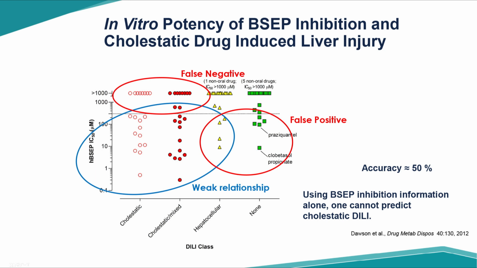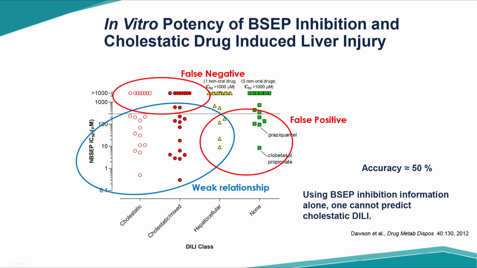There are a lot of false negatives and false positives, and the predictability is only about 50%. So that doesn't give you much information about the relevance of BSEP inhibition. The conclusion was that using that parameter alone is not going to provide a lot of prediction.